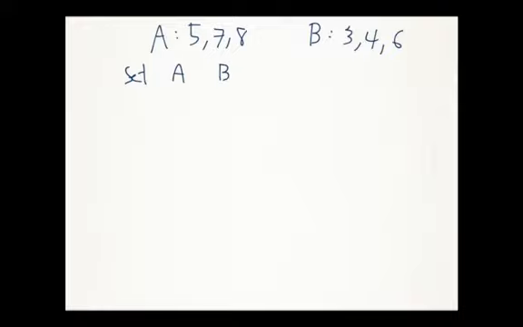So again, in group A we had the numbers 5, 7, and 8, and in group B we had the numbers 3, 4, and 6. Okay, so what are the possible permutations of this? We could write all of these out. So we could have set, and then we'd have group A, and we'd have group B, and then we'd have the mean difference.